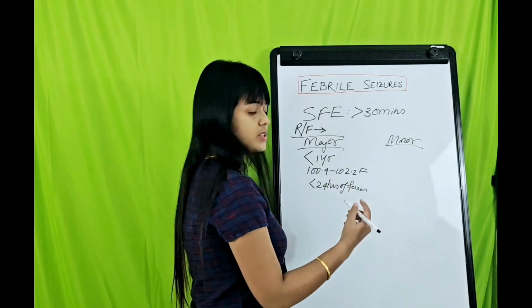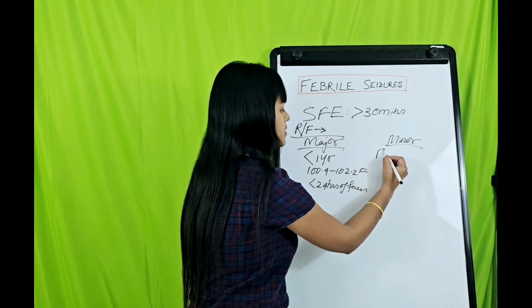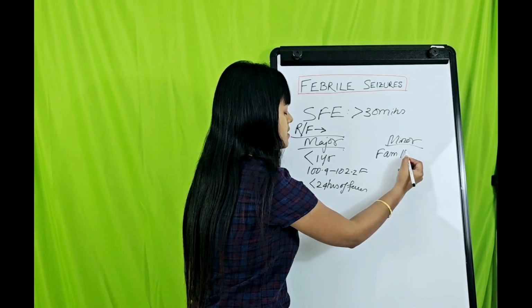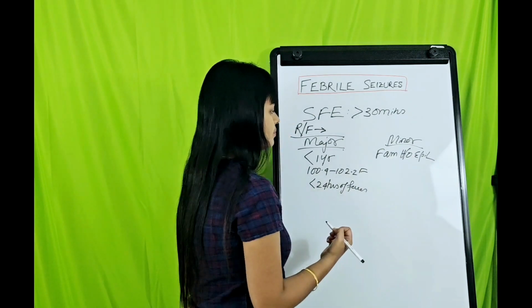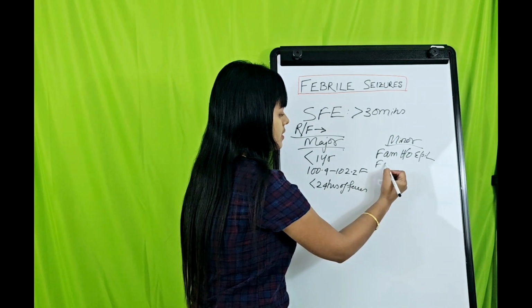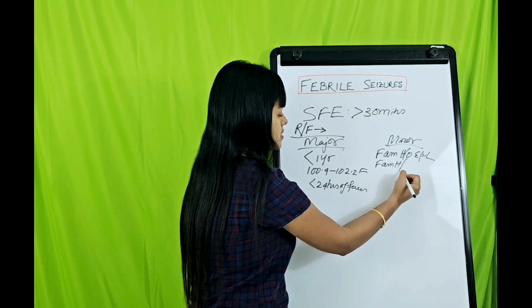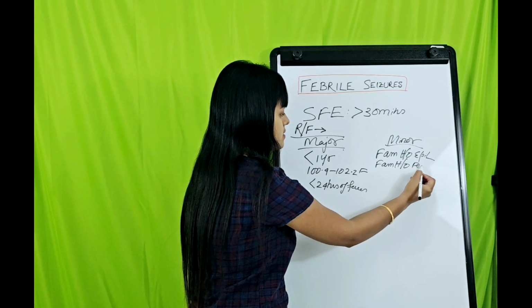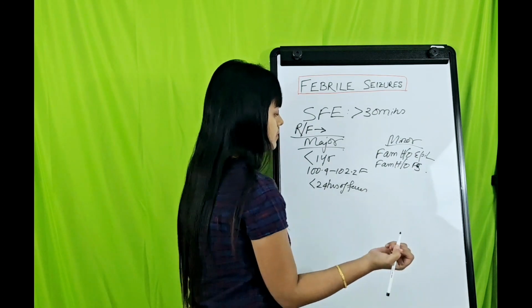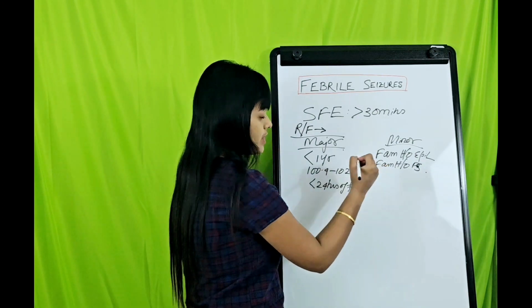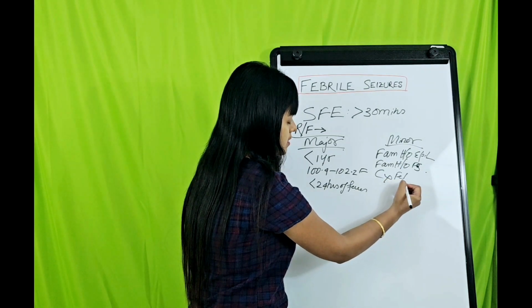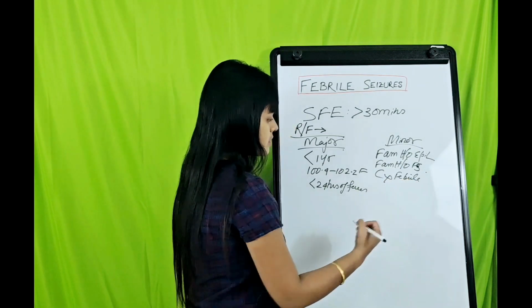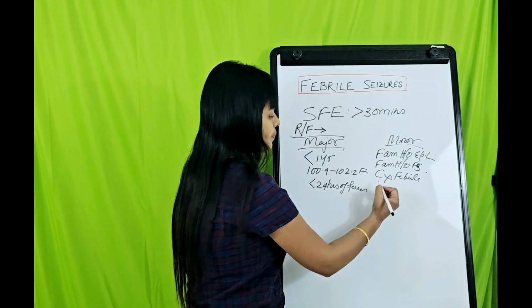Then what are the minor risk factors? If there is family history of epilepsy, okay, if there is family history of febrile seizures, done. If it is not a simple febrile, if it is a complex febrile, that is also a risk factor, okay.